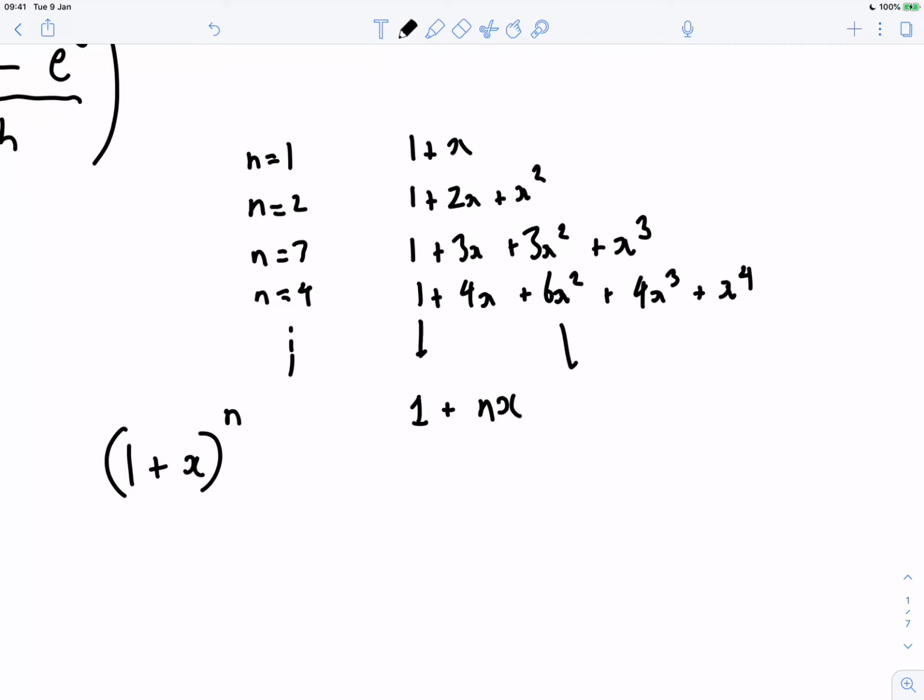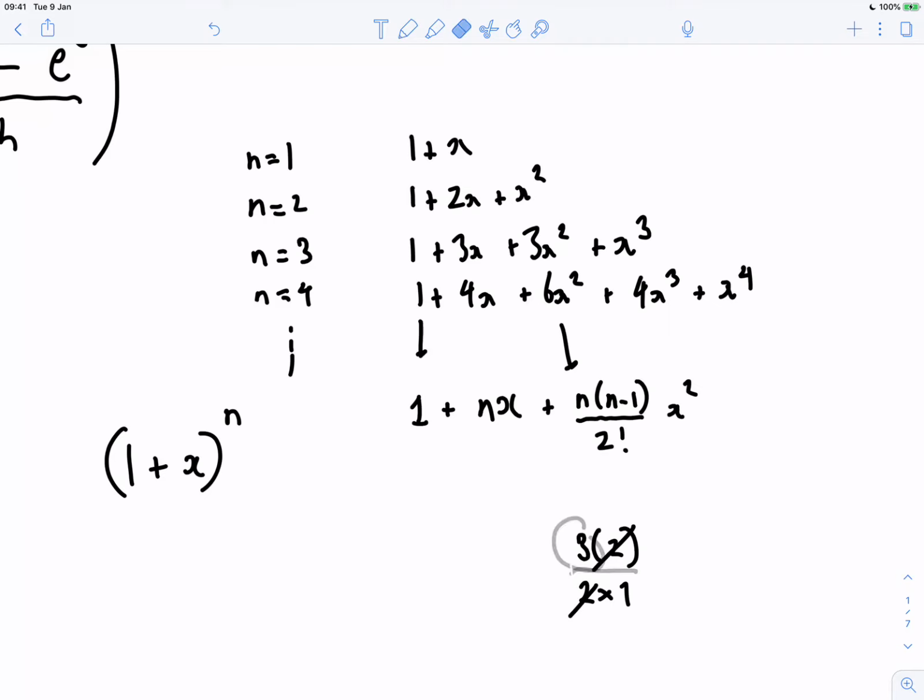And then the next term, if it exists, well, check for yourself, but this is going to be n times by n minus 1 over 2 factorial, and then times by x squared. Let's think about that. When n was 3, I'd have 3 times 3 minus 1, which is 2, all over 2 factorial, which is 2 times 1. Those 2's cancel, so I'm left with 3. Oh look, that's going to work.